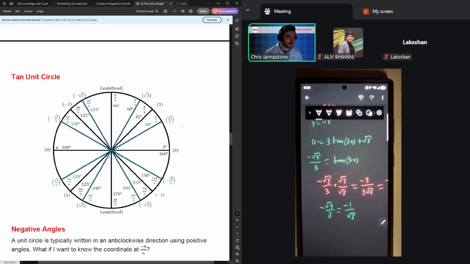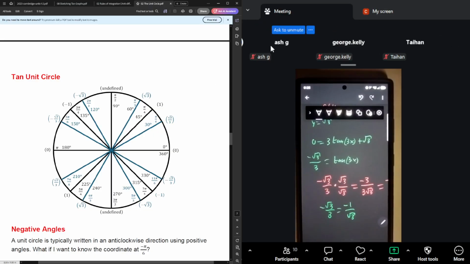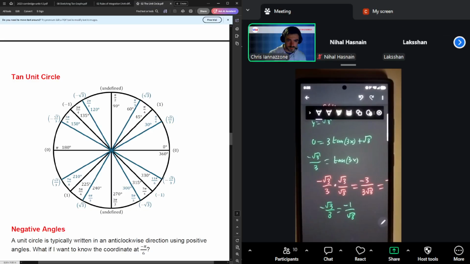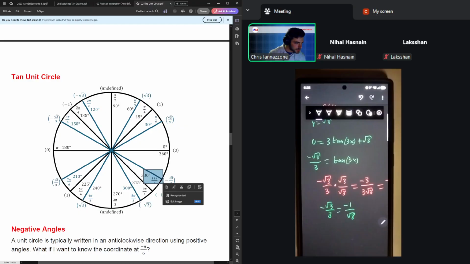You're looking on the outer edge, so all of these. You're looking for when you hit negative √3 on 3, and all you're going to do is report what angle is there. Is it 330 and 150? 330, 150. Yeah, 330 there, 150 there.